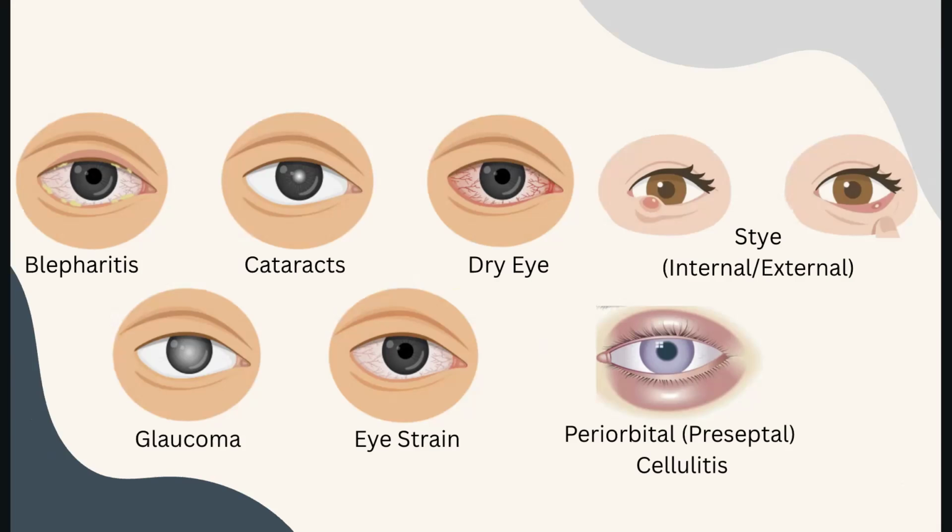I wanted to call a little bit of attention to the cellulitis. This looks vastly different on different people, depending on the age of the person and where it's presenting. If this is what you suspect, maybe look it up just to verify, but this is one that requires care immediately.